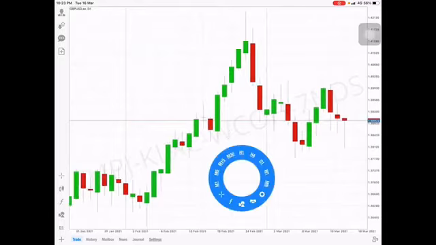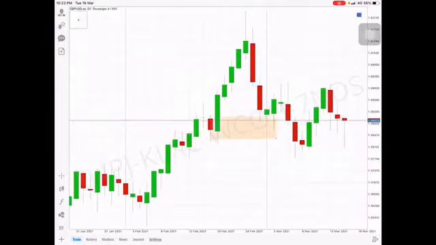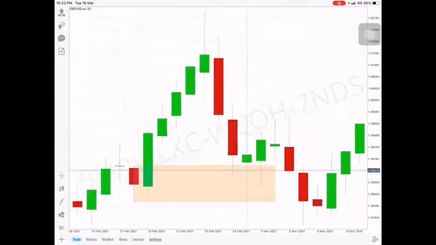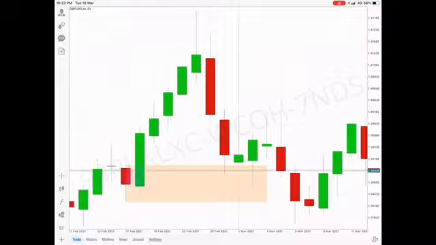Let's take a look at this one. What is this? Bullish engulfing. You can't see anything.